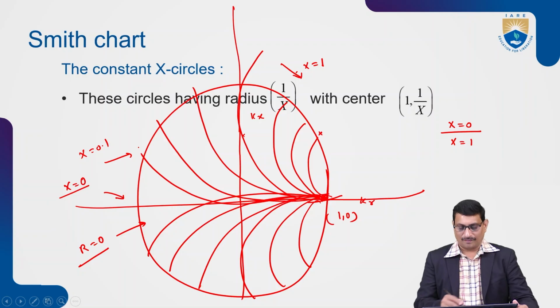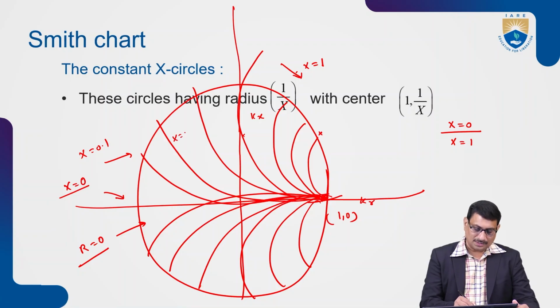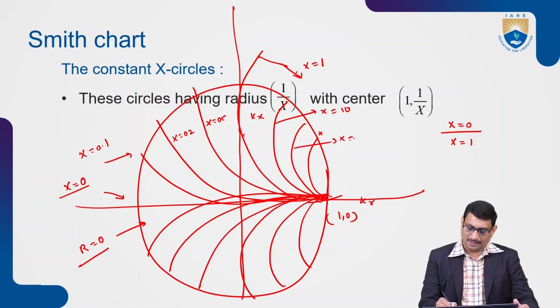So these are the family of X circles, where X is equal to 0.2, 0.5, 1, 10, 20 and 50.